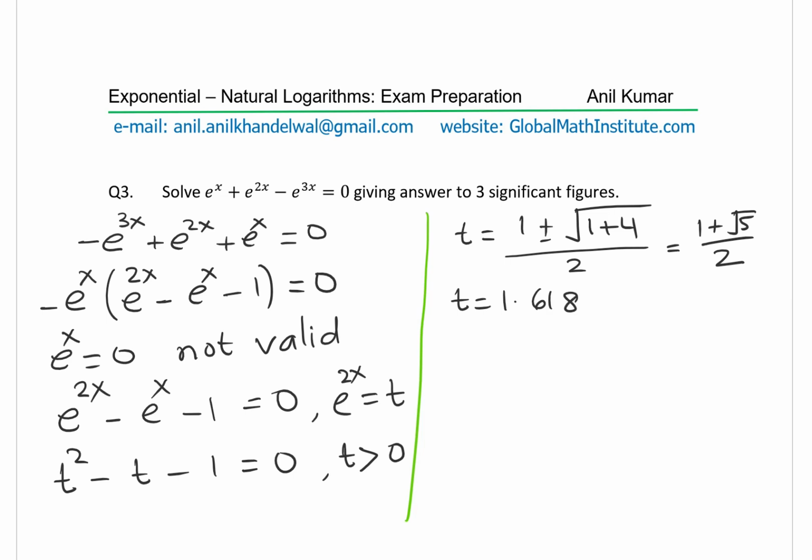Now t is e to the power of 2x, which is 1.618. So we can say 2x is equal to ln 1.618. So let's calculate this value. So ln of our answer is 0.4812.